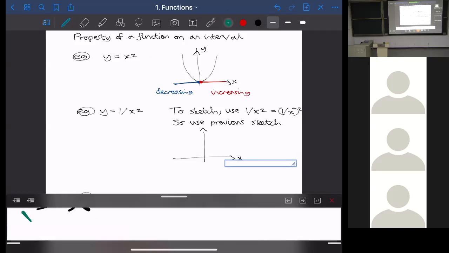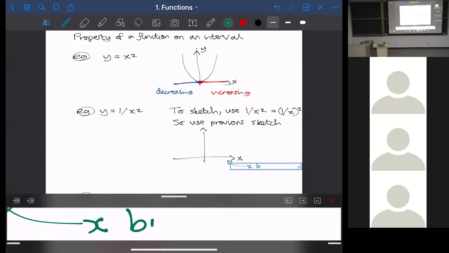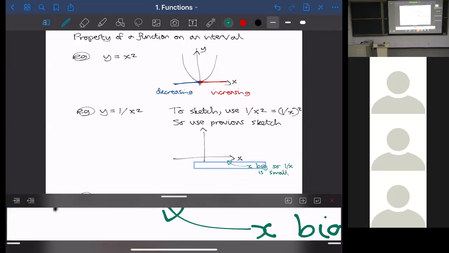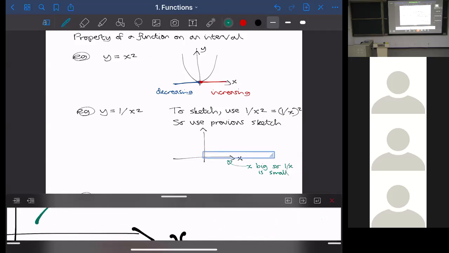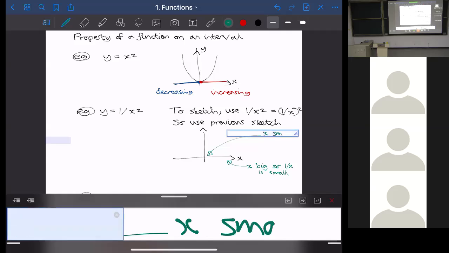So here, x is big, small. Whereas here, x is small.